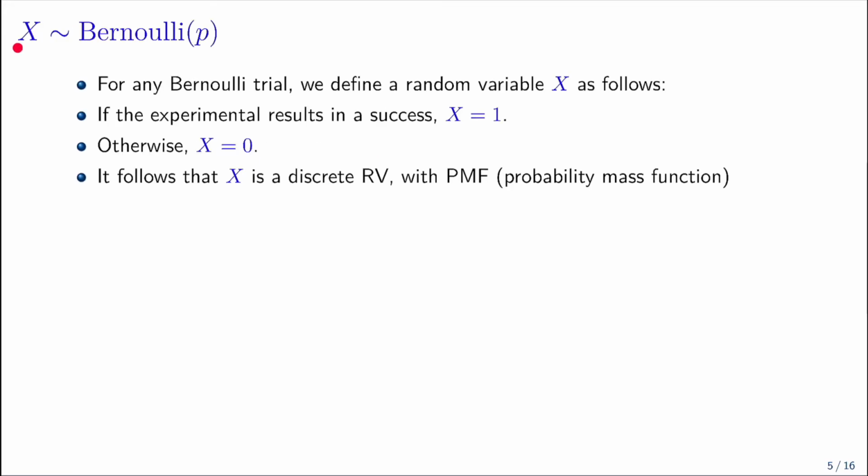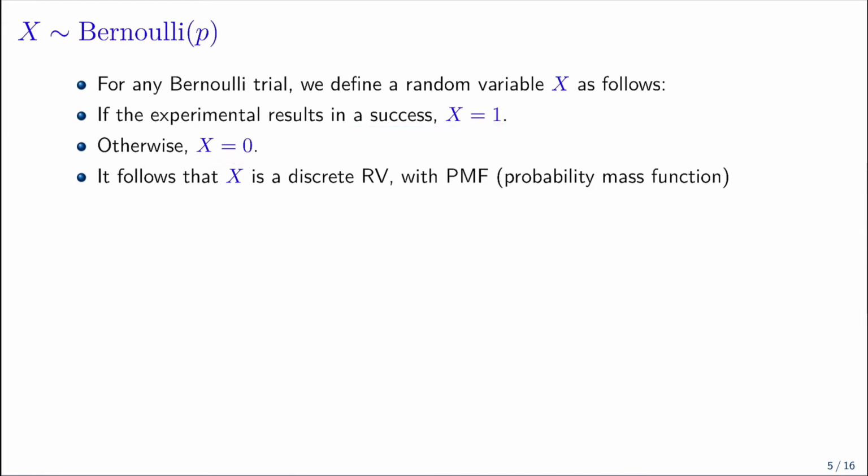We say that X is distributed as Bernoulli with probability p if, for any Bernoulli trial, we define the random variable X such that if the experiment results in a success, then X is equal to 1, and otherwise is equal to 0.